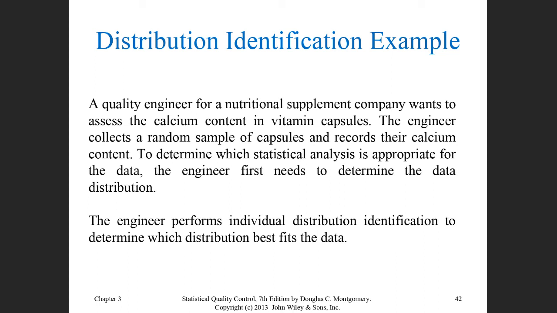Okay, so let's take this example. The data is provided here in Minitab, and I will share the screen again with you to demonstrate how we are going to identify the distribution for the given data of the calcium in this sample of capsules. So let's share the screen.